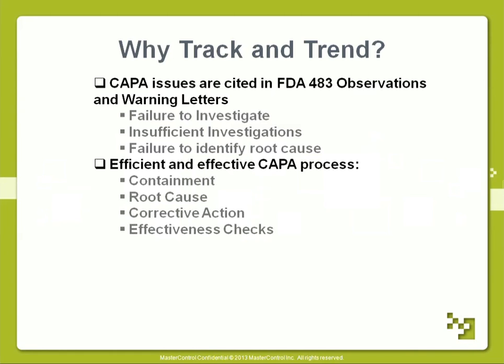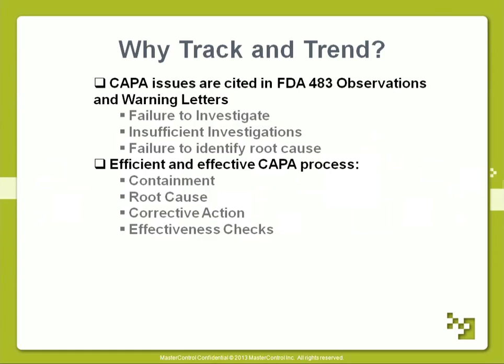So really, why would you track and trend? It's everything around CAPA. Just to outline that again, the main components or phases of CAPA start with containment. That's really sweeping the floor, right? You have your quality exception occurring. You may have a process for it, as you may have or should have for deviations, non-conformances, customer complaint handling and things like that.